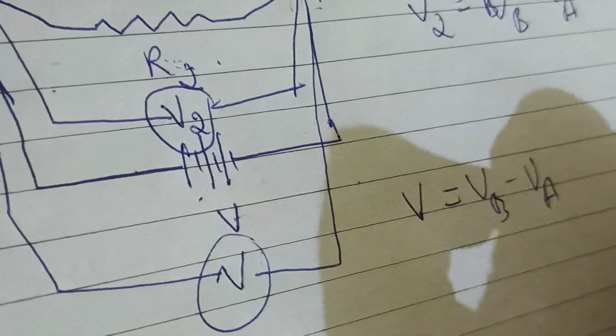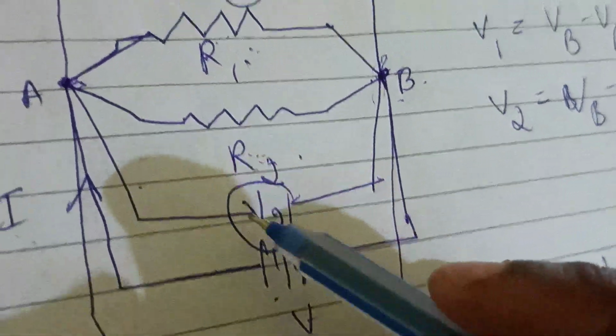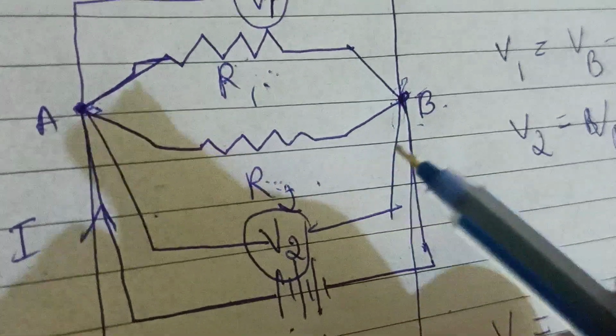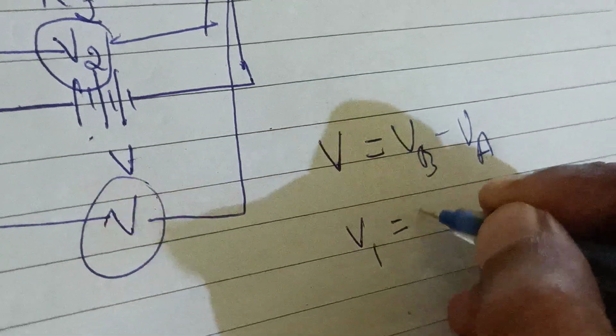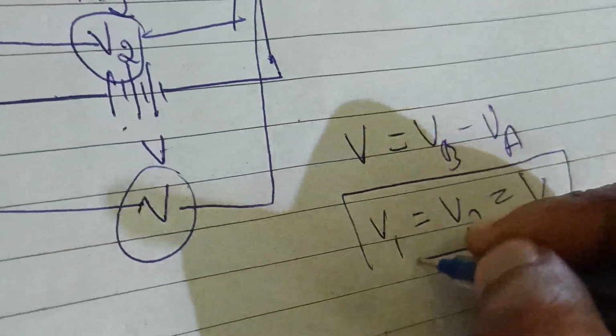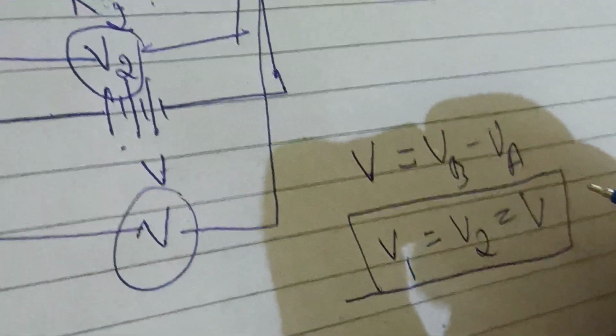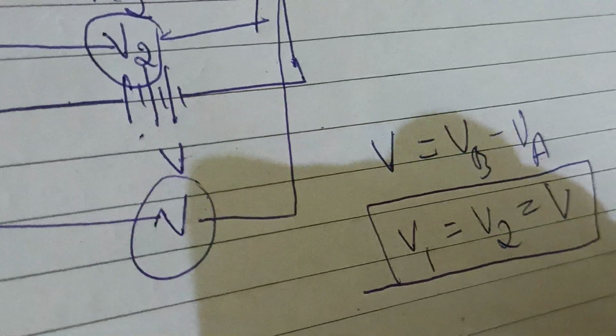So that means we can say the voltage across the resistors remains constant, that is V1 equal to V2 equal to V. So remember, in resistance in parallel, the voltage remains constant. It will be the same.